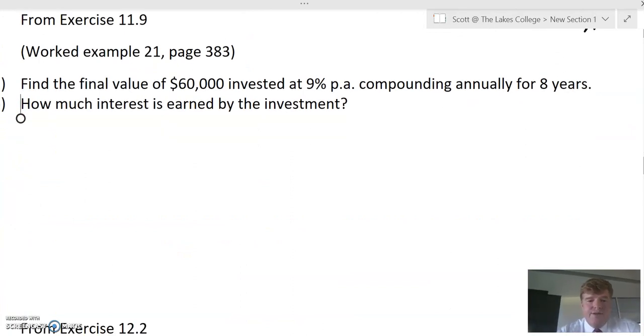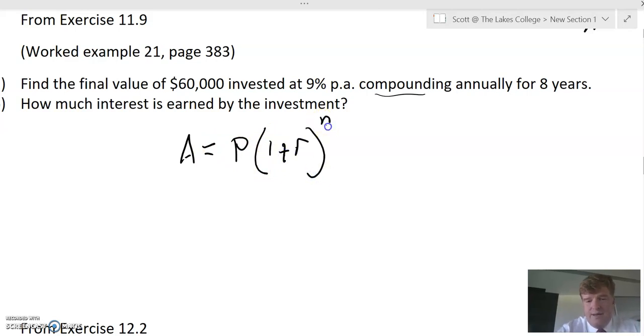In this case, the question tells us that it's compound interest. So we have a slightly different rule for compound interest. We work out that the amount equals the principal, 1 plus the rate, to the number of times that it compounds.